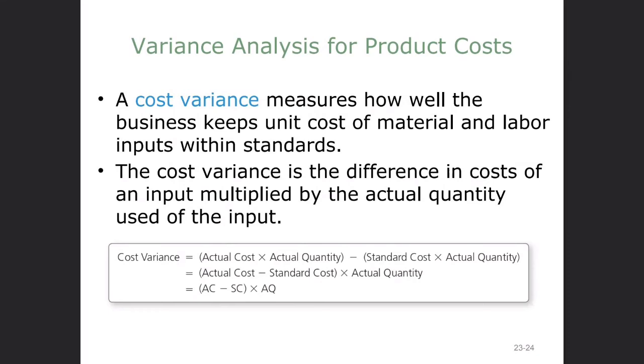And then we'll take our actual cost minus our standard cost times our actual quantity. So AC, actual cost, minus SC, standard cost, times AQ, actual quantity. So if you see something like this, this is what they're talking about. But to get your cost variance, you take actual cost minus standard cost times actual quantity.